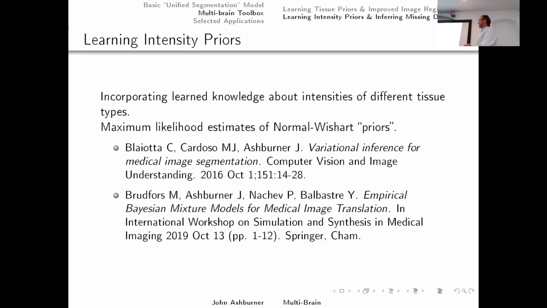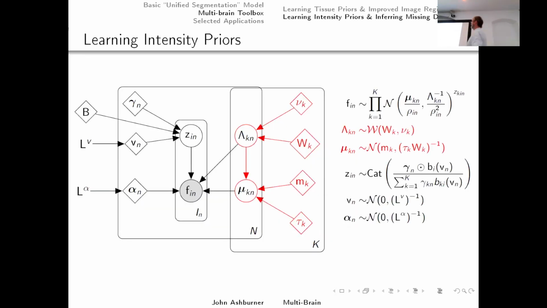Another modification in multi-brain is to include priors on the intensity distributions of the different tissue types. So now we're treating these precision matrices and means as random variables, and we put priors on them.